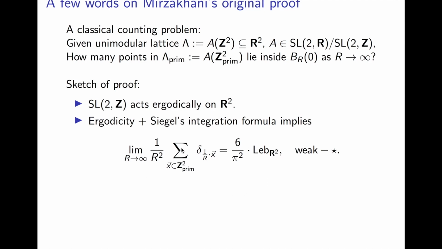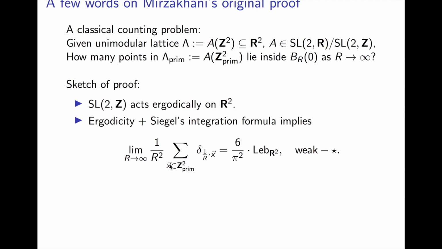I'm going to put a delta mass on every primitive integer point, like here. And then I'm going to scale that point by 1 over r, and scale that whole measure by 1 over r squared. And then what this is going to tell you is that this measure is going to converge to a multiple of Lebesgue measure.